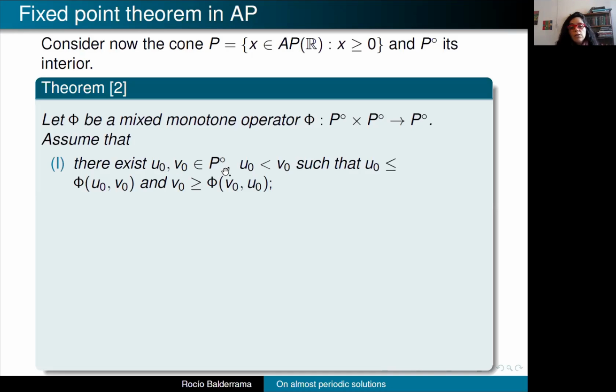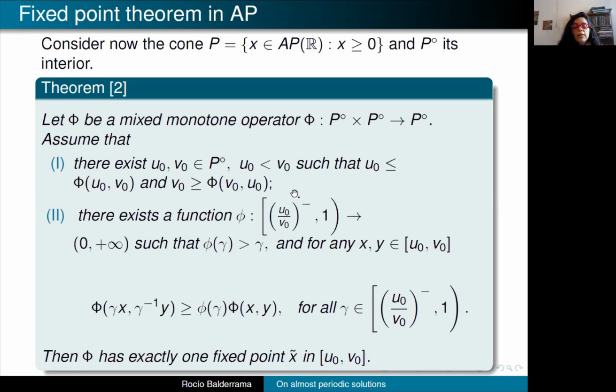So there exist two functions satisfying these inequalities, and there exists another function from this interval to (0, plus infinity), such that satisfies these conditions. So if all these conditions are satisfied, the mixed monotone operator has a unique fixed point in that interval. The interval has an order induced by the cone, the P cone.